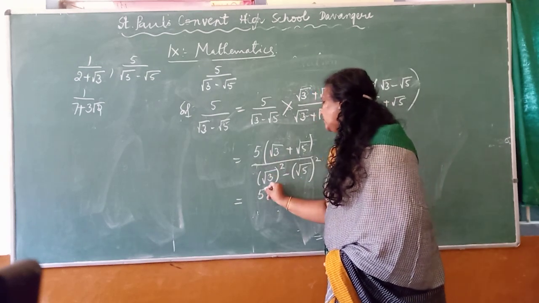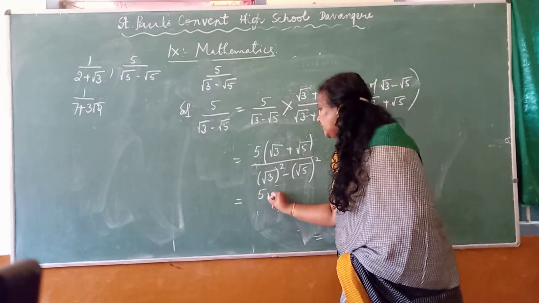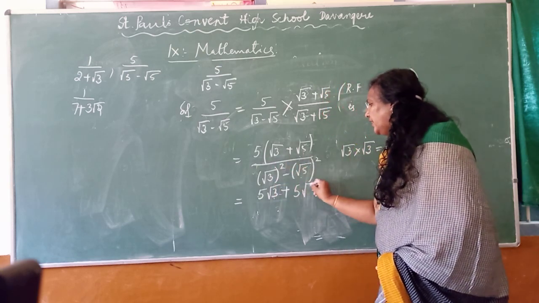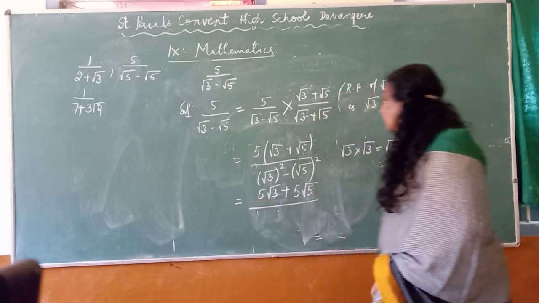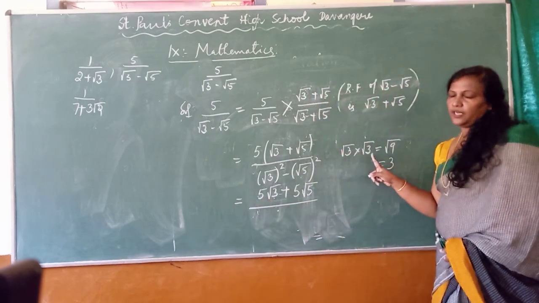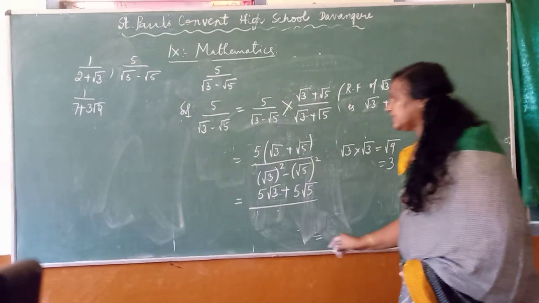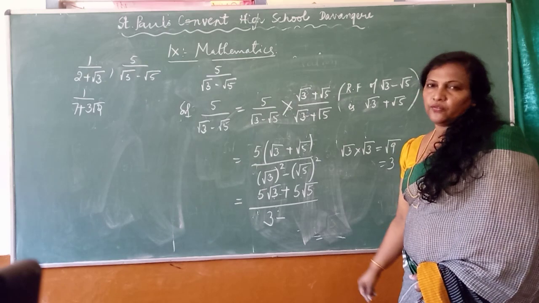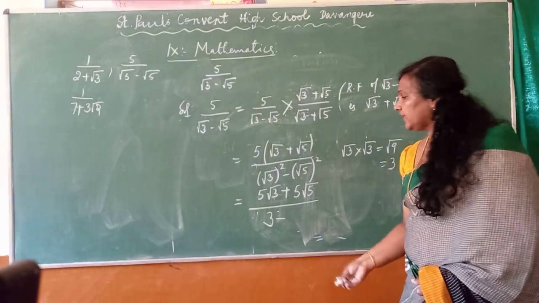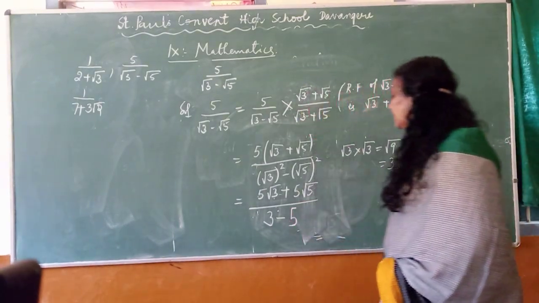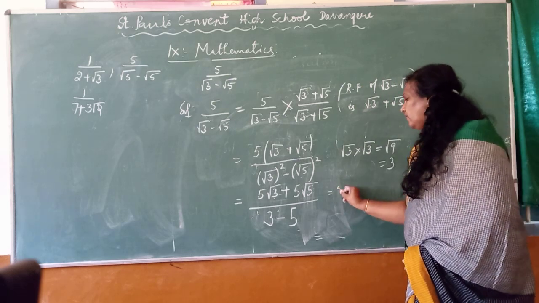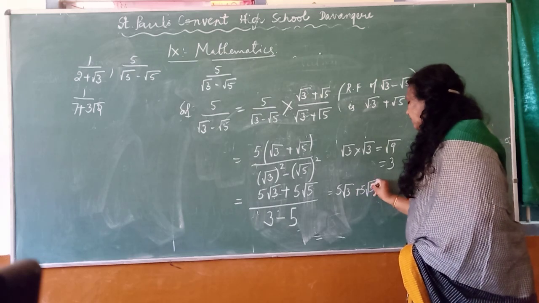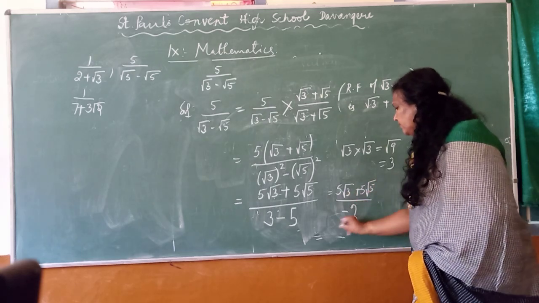So 5 into root 3 is 5 root 3 plus 5 into root 5 is 5 root 5 divided by root 3 whole squared means how many times do I multiply? 2 times. The answer I get is 3. What is here? Minus root 5 into root 5, root 25. Root 25, the value is 5. So this is equal to 5 root 3 plus 5 root 5 divided by minus 2.